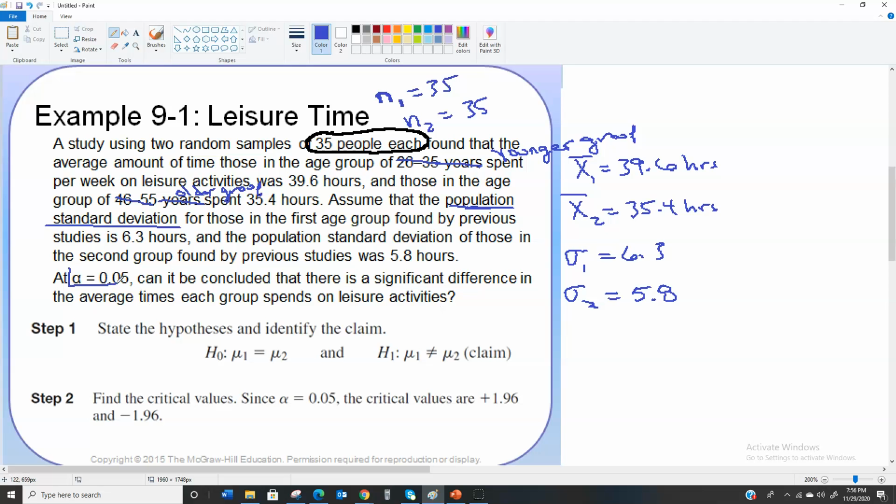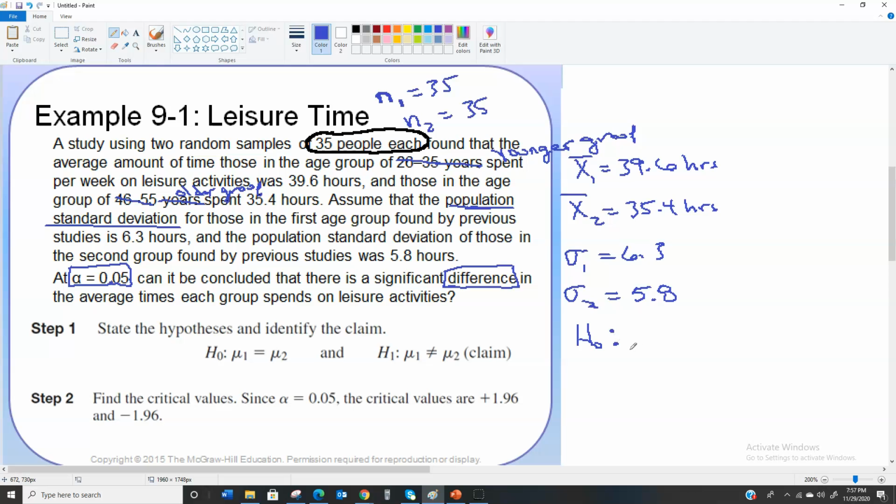And then they list our alpha is 0.05. And can it be concluded that there's a significant difference? Remember, they didn't say larger or smaller, it says different, so we're just talking about a not equals. So we'll state the original hypothesis. You're always going to have the null hypothesis be that the mean of the two groups is the same.